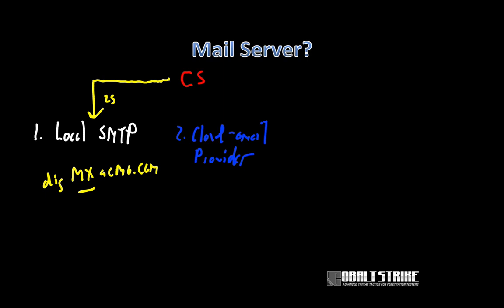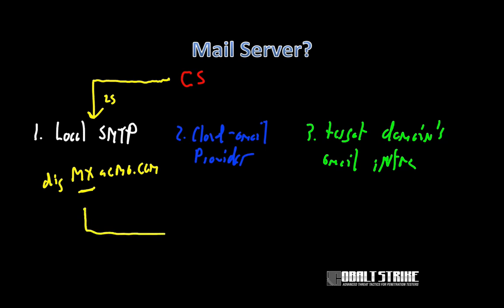That DNS record is the MX record, or mail exchanger record. Our local SMTP server will then connect to our target domain's email infrastructure. So let me draw a little arrow of our local SMTP server connecting to that mail server and saying, hello, I have a message for you, here it is.